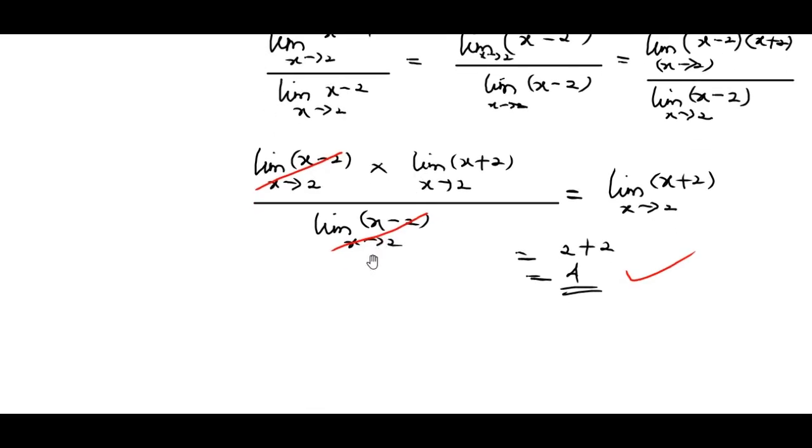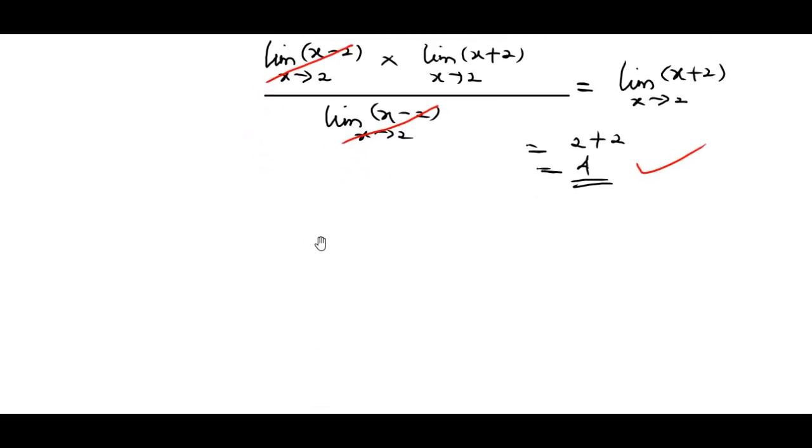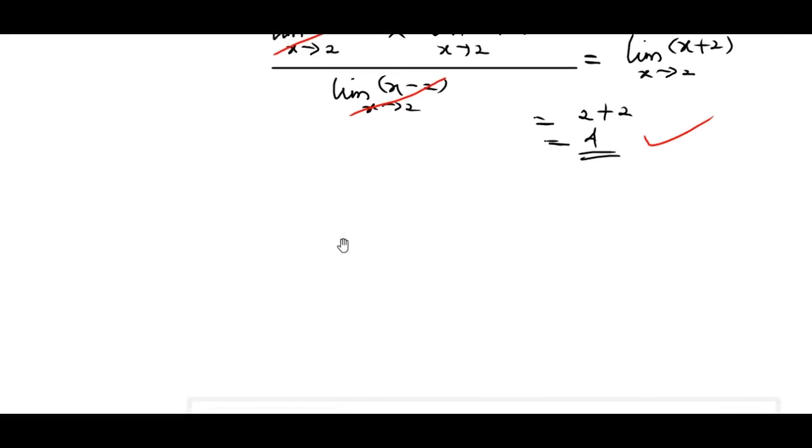Then the next one we want to check is the constant multiple law. Let's have an example on that. If we have lim 5x squared as x tends to 0, it's going to be the same as 5 multiplied by the limit of x squared as x tends to 0.